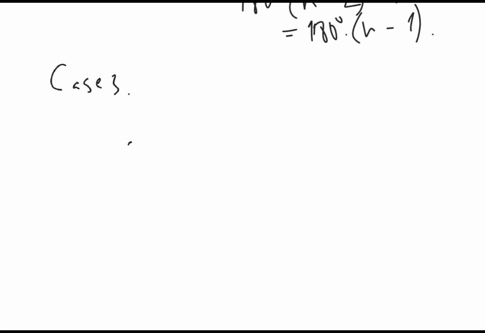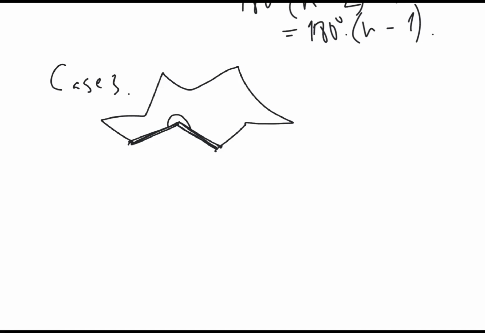So when we have something like this, then there is a polygon. This is the angle that we consider now. To remove it, we remove this triangle, but now this triangle is outside of the polygon. So when we add back the sum of angles of this triangle, we need to be careful what we add and what we subtract.